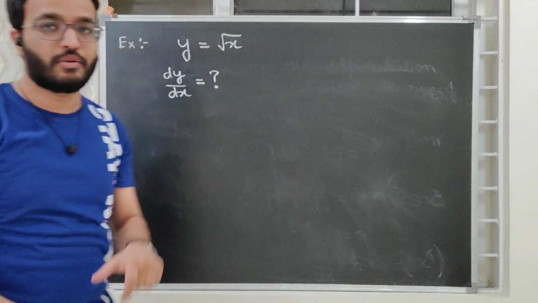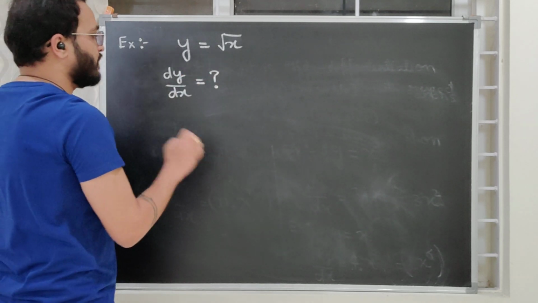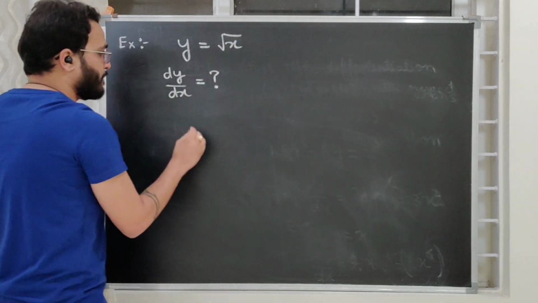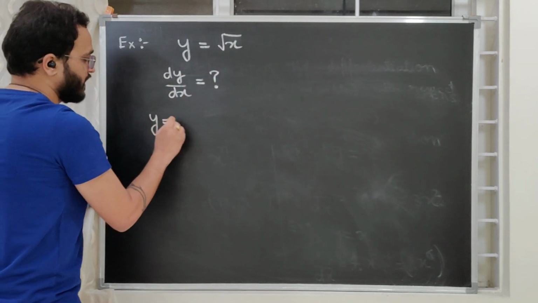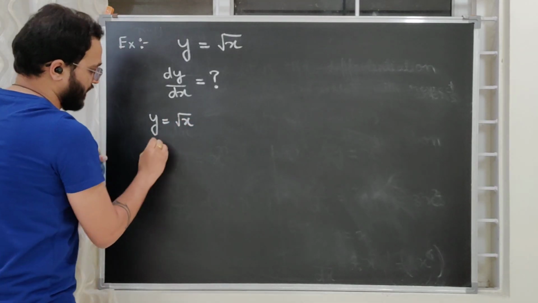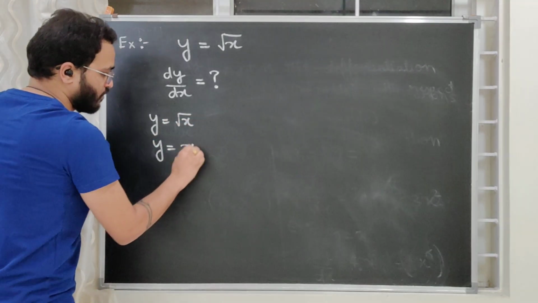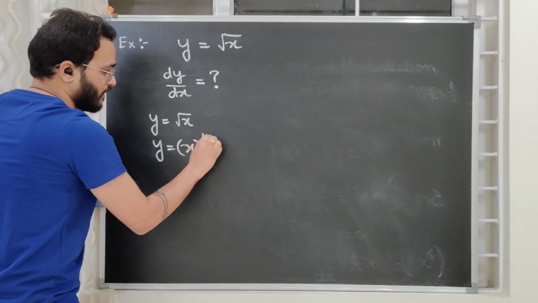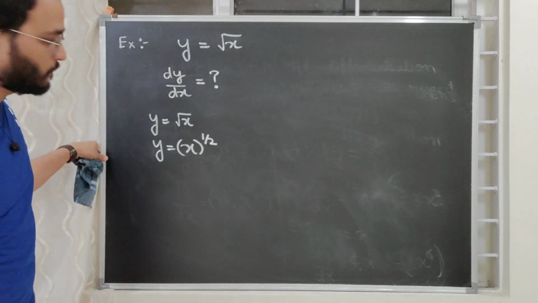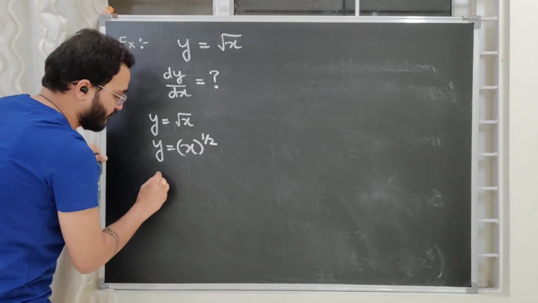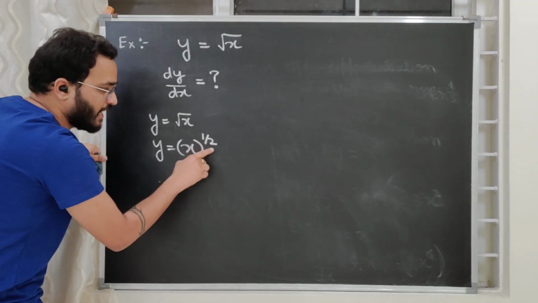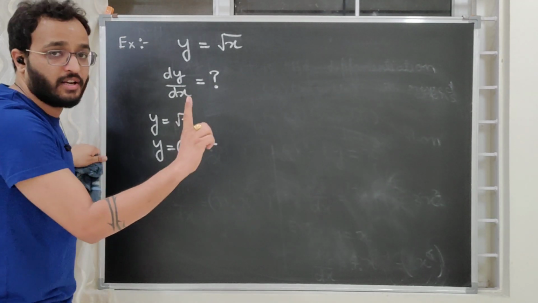Got it? Look here. What are we going to do here? Can I represent root x as x to the power half? You will say, surely sir, you can. X to the power half. So now this power is our n, yes or no? Now this power is our n.